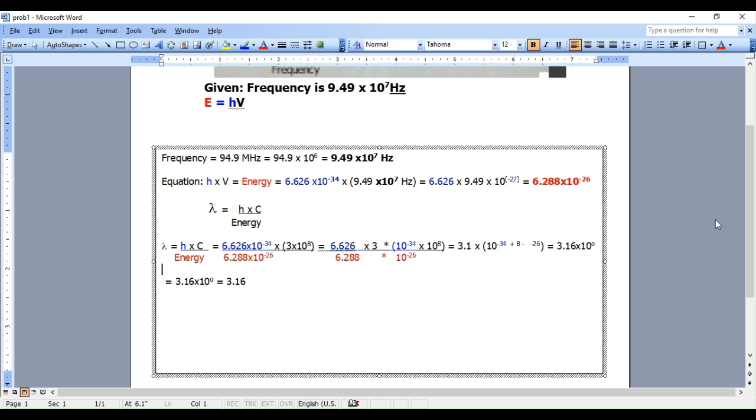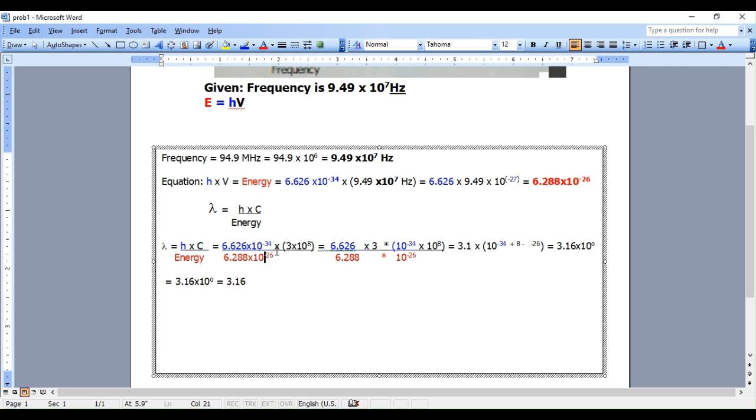But don't solve it yet. Separate out the numbers with exponents, the base 10 exponent values. I got 10 to the minus 34 here in blue, a 10 to the 8th here, and a 10 to the minus 26 here. So pull those all out.